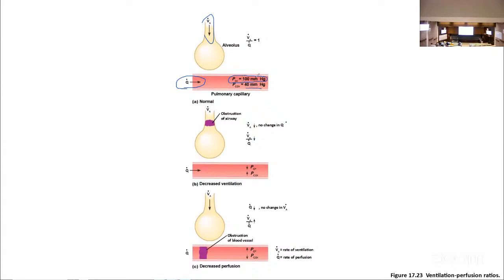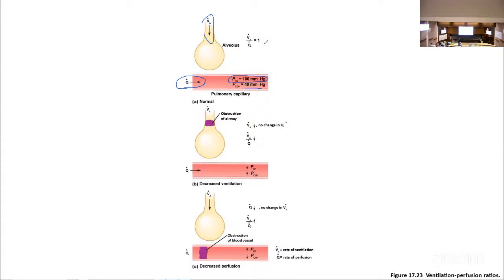This is the result when we effectively match that airflow to the blood flow. So usually we want to see a ventilation perfusion ratio of 1. Matching airflow and blood flow is going to give us 1.